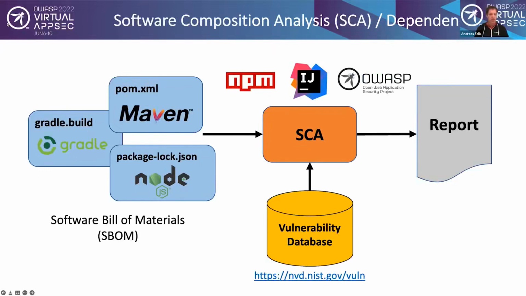The next step would be the dependency check or the software composition analysis, as it is also sometimes called. Here you have the software bill of materials, the SBOM, as an input. Then you run your SCA tool that checks vulnerability databases like the official ones by NIST, and then also creates reports on vulnerabilities it found in your third-party dependencies.